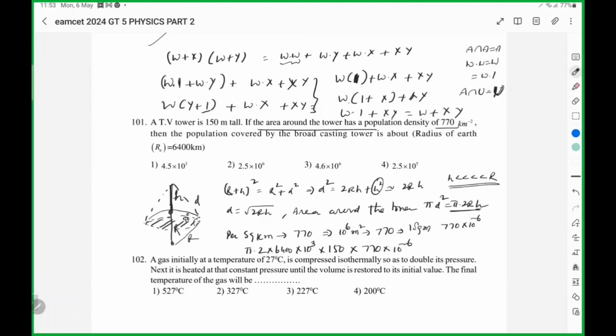So after simplification, let us see, 10 cube, 10 power 4, 10 power 5, just 10 power minus 1.